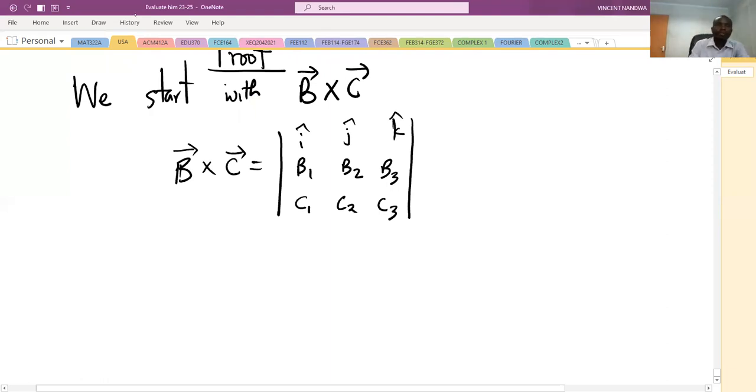And we use cofactor expansion, by knowing that this is positive, this is negative, this is positive.